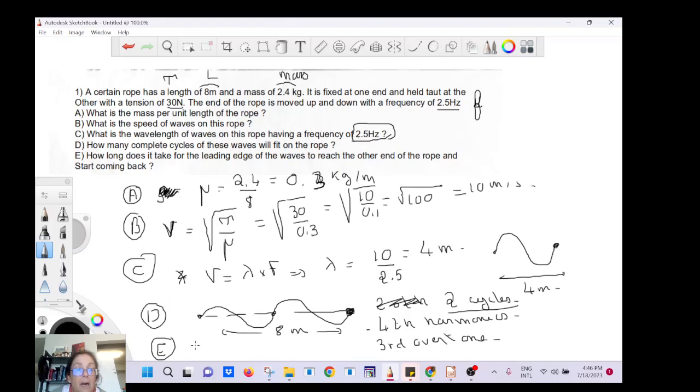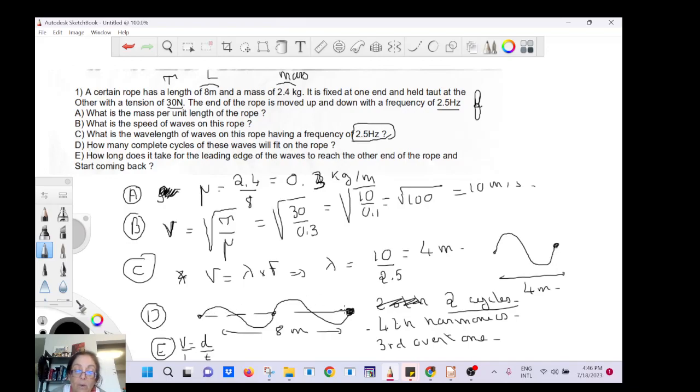And then E. How long does it take the leading edge of the wave to reach the other end of the rope and start coming back? So it means how long does it take to go from here to there? Okay. So the speed is distance divided by time. That's all there is, right? So to reach the other end and start coming back. So it didn't come back yet.